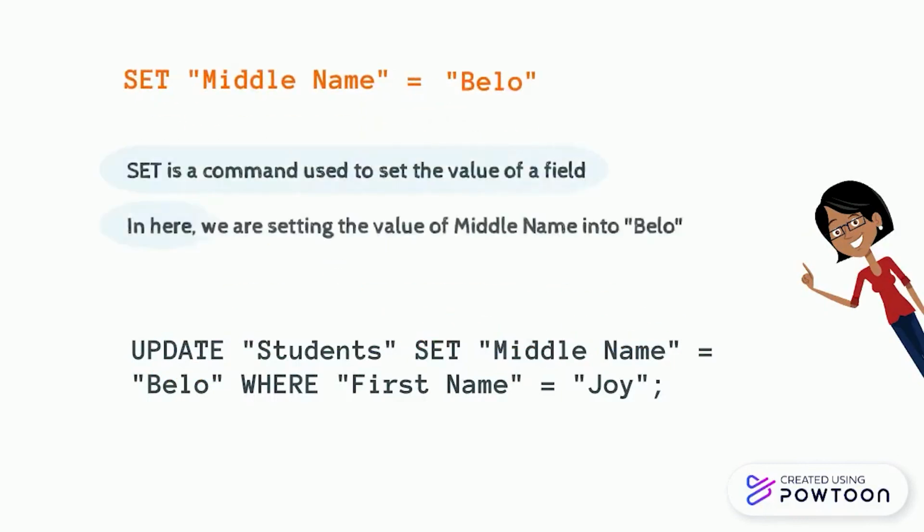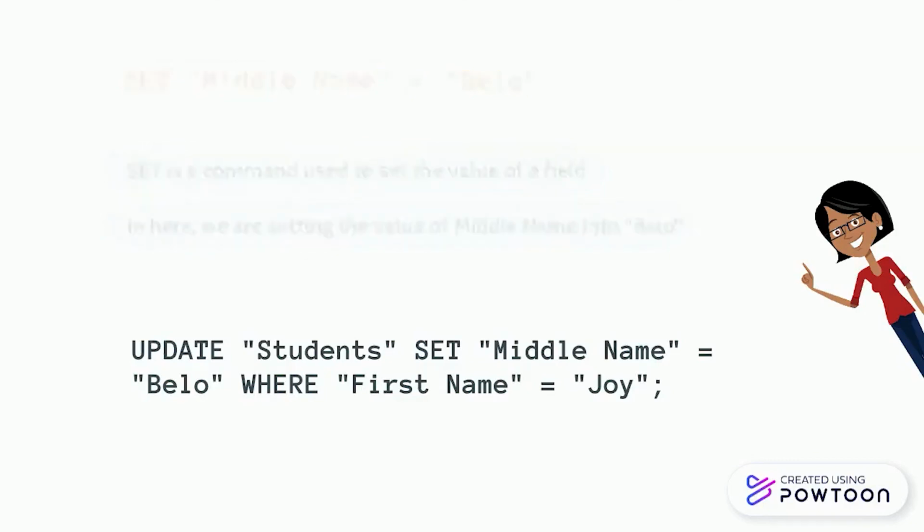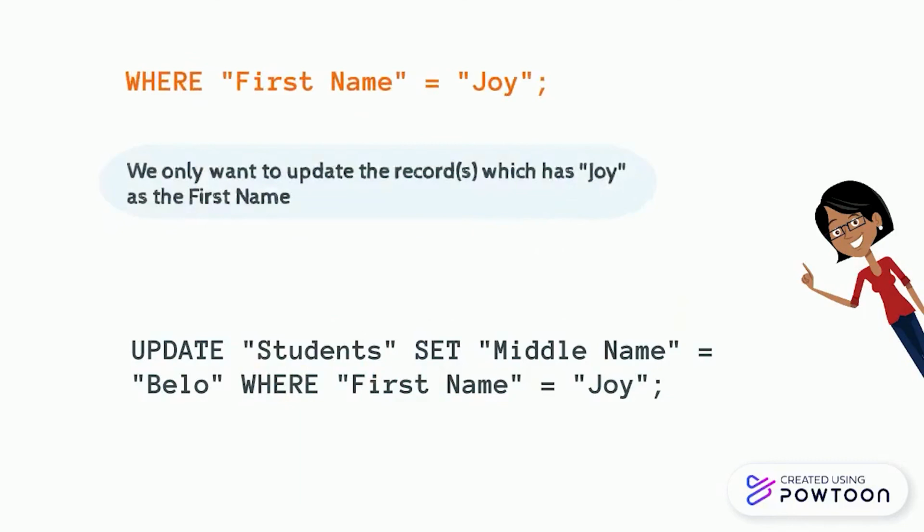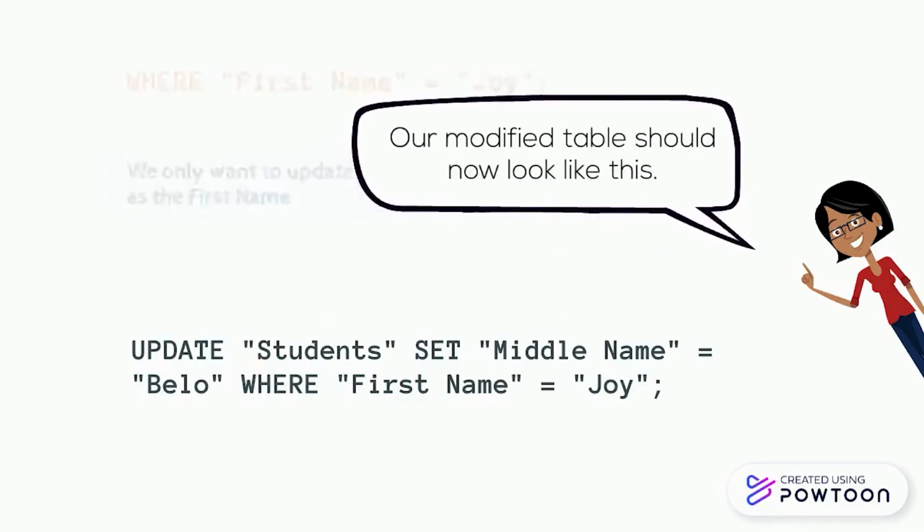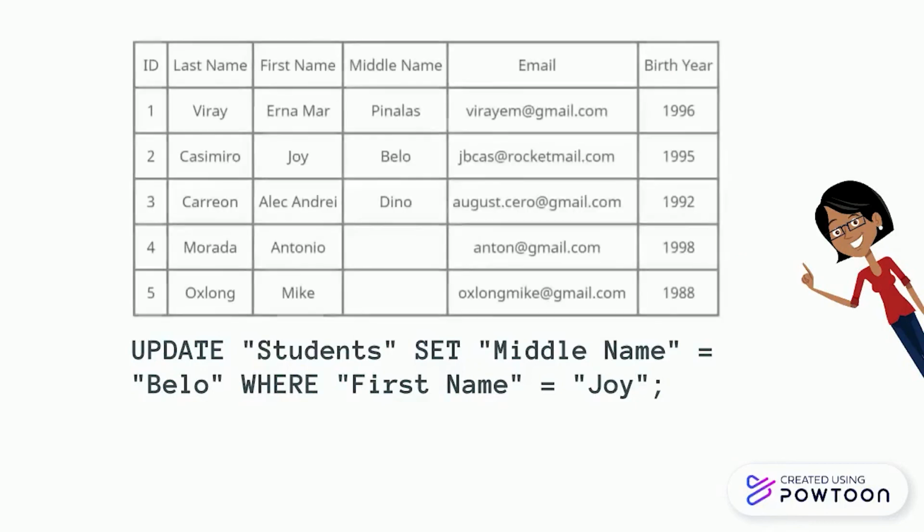Set is a command used to set the value of a field. In here, we are setting the value of middle name to Bello. We only want to update the record or records which have Joy as the first name. Our modified table should now look like this.